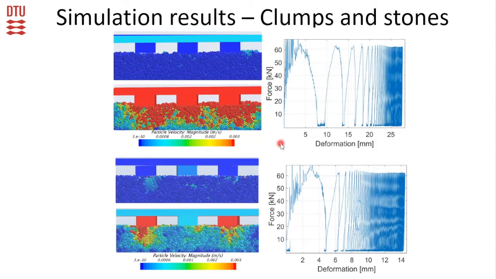Again, we see that the largest deformation happens within the first load cycles. However, in total, the deformations are much smaller for the clumps and 3D scan stone compared with the spheres. For example, for the 3D scan stone, we have simulated a total of 122 load cycles. And here only a deformation of 14 millimeters occurs.